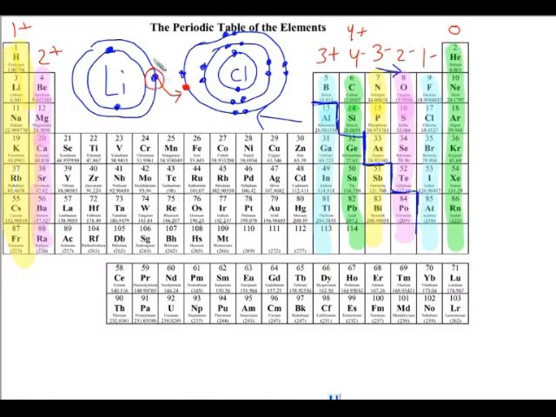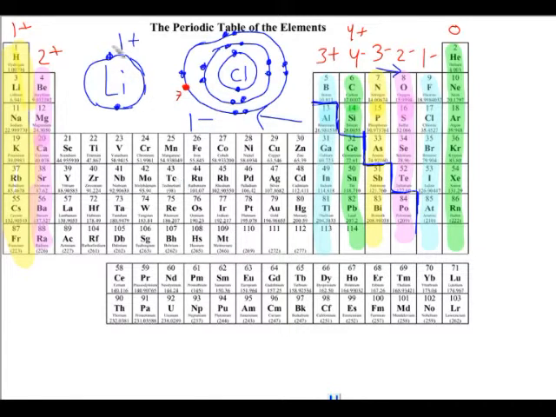When this happens, lithium is no longer going to have a second energy level. Lithium will only have 1 energy level. It lost an electron, so it's going to be +1. Chlorine, with the stolen electron, is now going to be 1 minus.